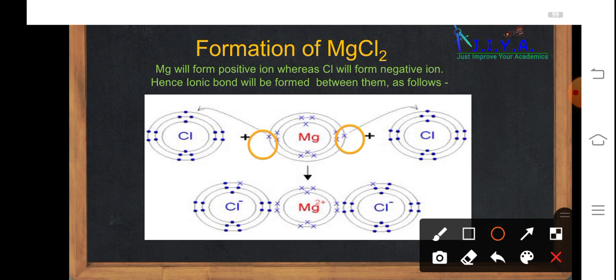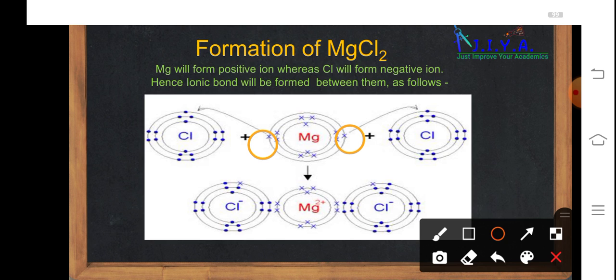In the outermost shell of chlorine, there are 7 valence electrons. So chlorine needs to gain 1 electron to complete its octet, whereas magnesium needs to give its electrons to complete its octet. In both cases, chlorine as well as magnesium will attain the nearest noble gas configuration, and thus both become stable.